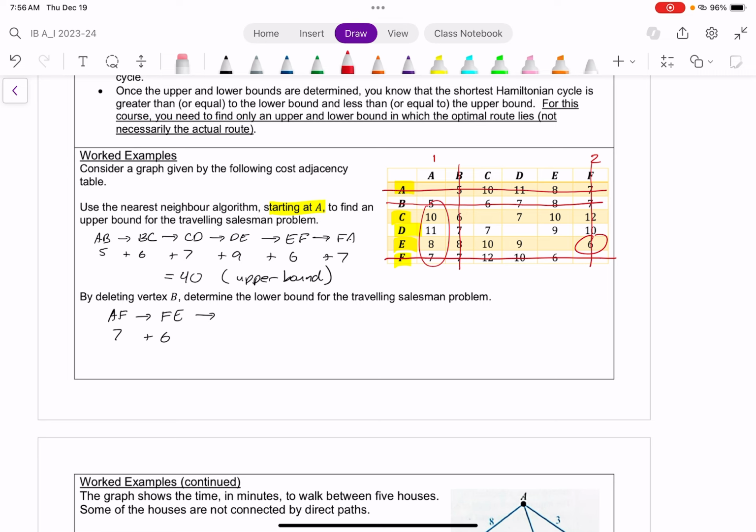Cross out the F down there, I already did. Cross out the E, and then put a 3, then look at columns A, E, and F, and find the shortest value there, which should be this 9. Yes, this 9 right here, E to D.